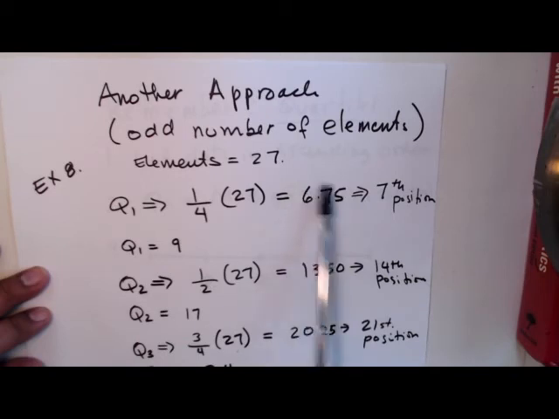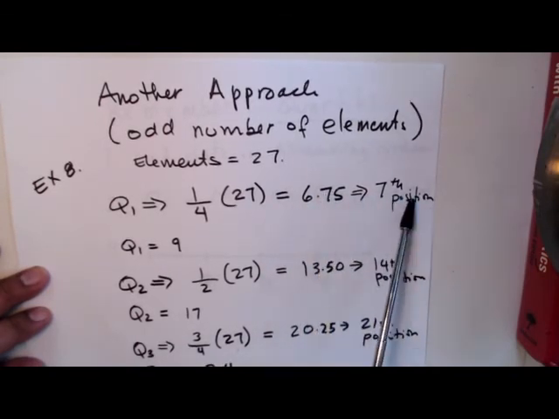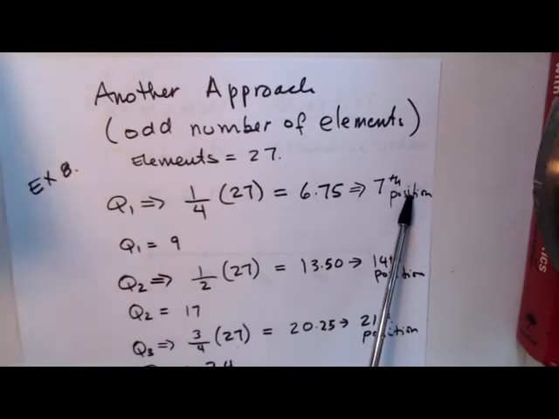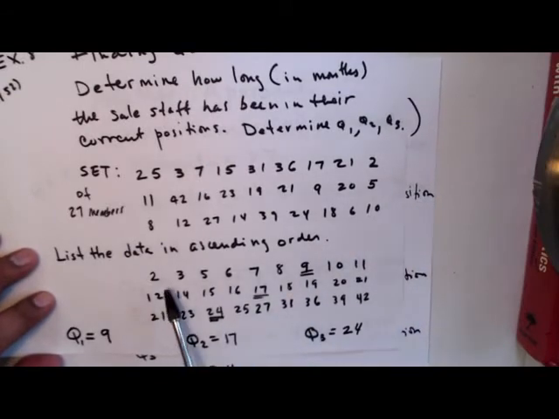If you round up to the next highest number, it would be 7, the 7th position. If you go back to your set of numbers, you count 1, 2, 3, 4, 5, 6, 7, right? So that's the number right here that we have for the first quartile.